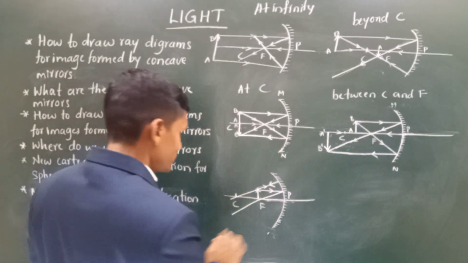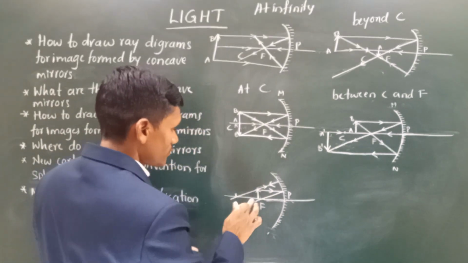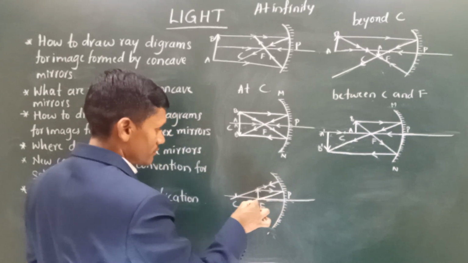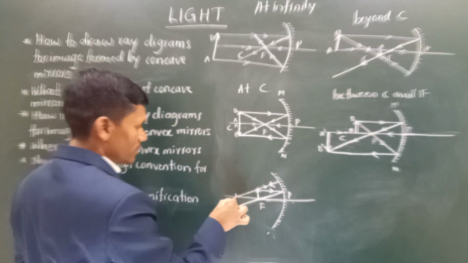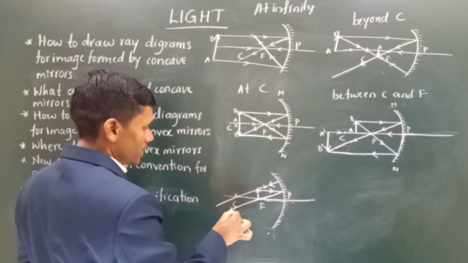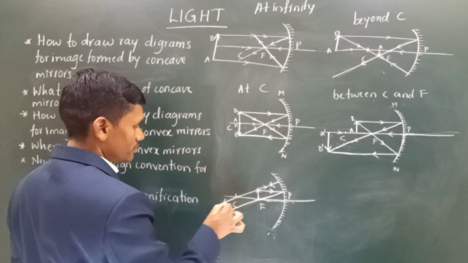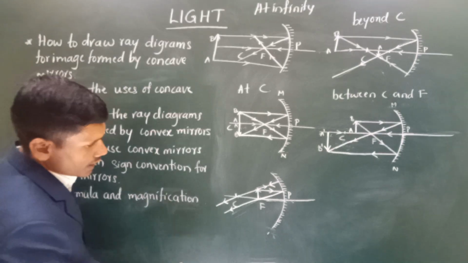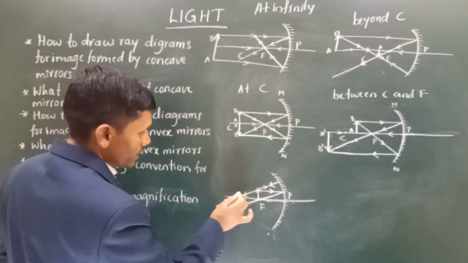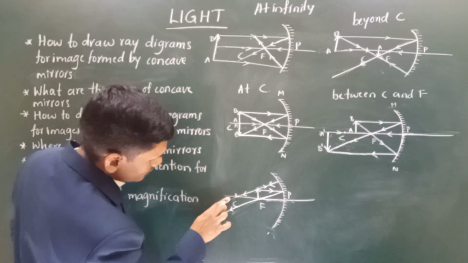You can consider these rays. How do they appear? They appear parallel to each other. They do not appear to be meeting at any point.